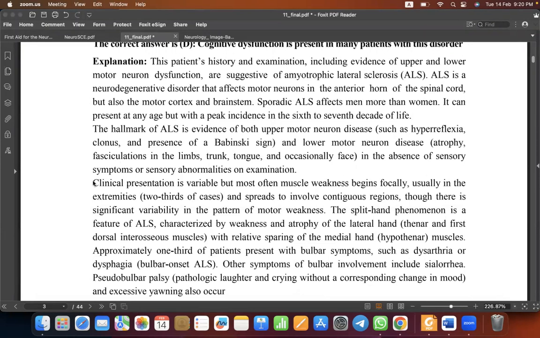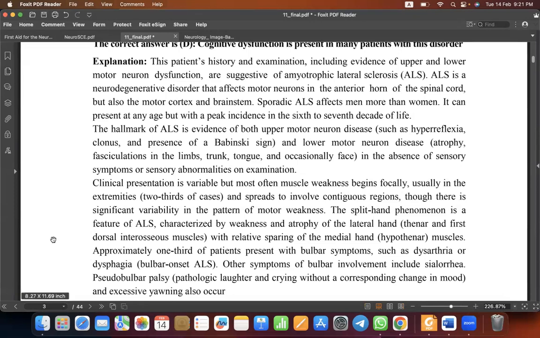I go to the high-yield facts once again for better understanding of all. The clinical feature is variable. The weakness starts focally. One limb gets involved, then tends to involve all the other limbs as well. There could be split hand phenomenon, which is a very important feature. In that case, there will be wasting and atrophy of the lateral side, sparing the medial side.